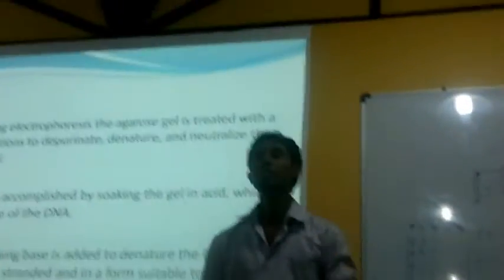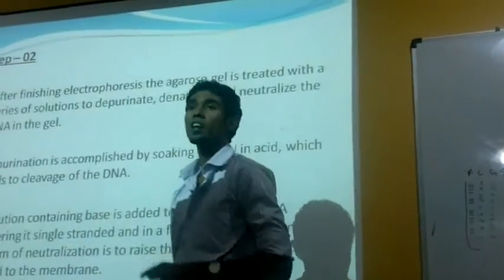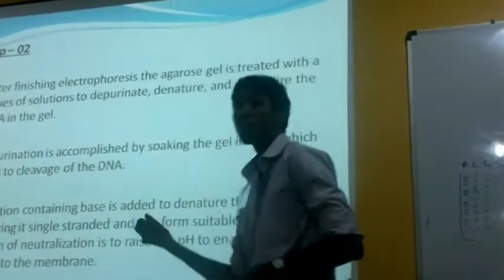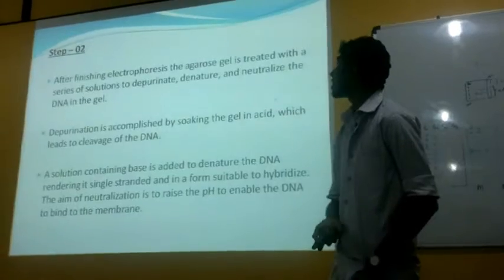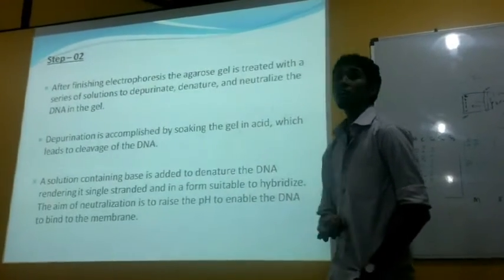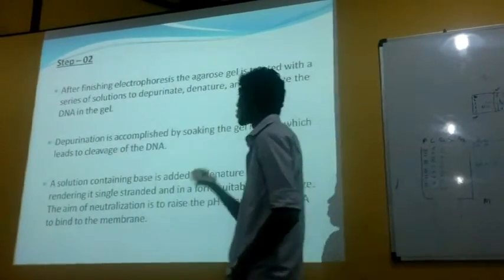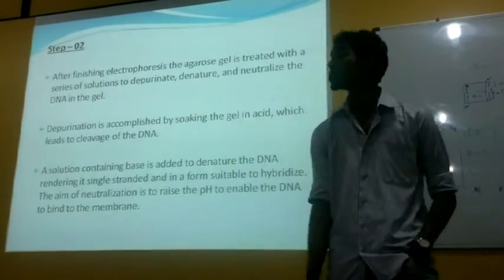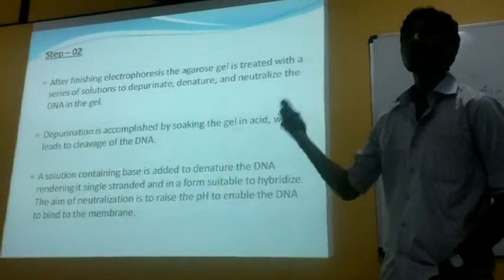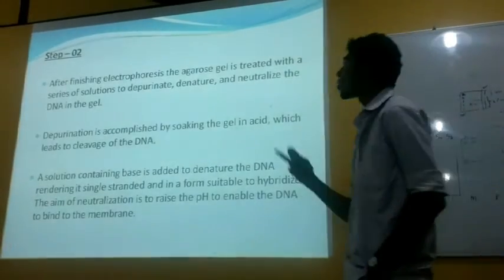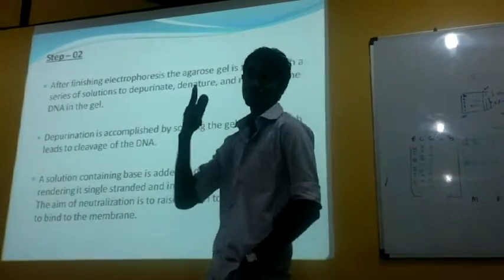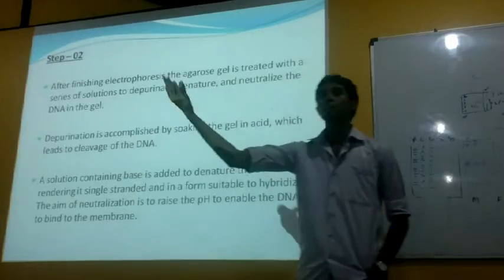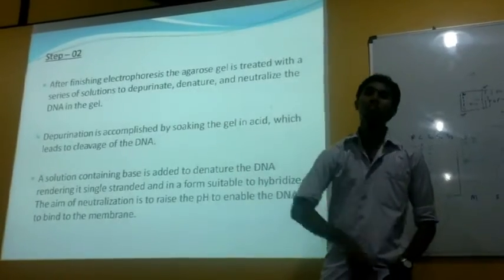The breaking of this beta-N-glycosidic bond is known as depurination. In this case, you add a solution with low pH, for example an HCl solution. After treating with HCl, you could really break the bond between the nitrogen base and the ribose sugar.